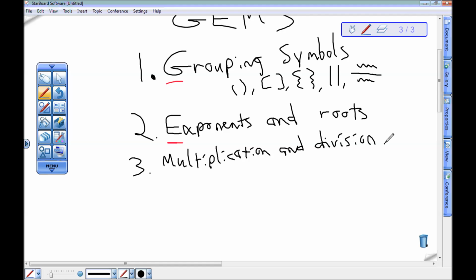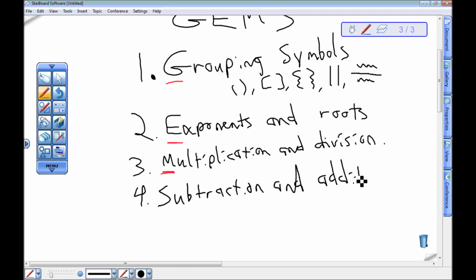That's my M. Let's underline these all in the same color here, Tim. It's my M. And then finally, subtraction and addition. That's my S.